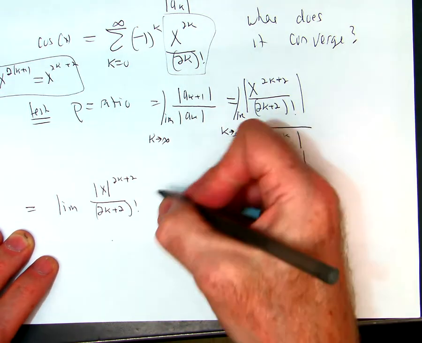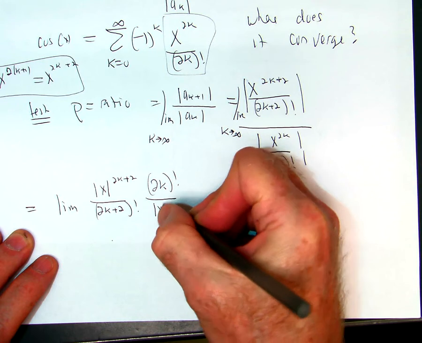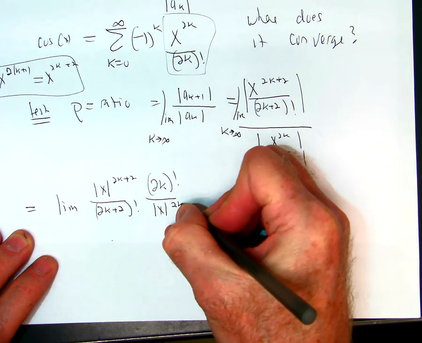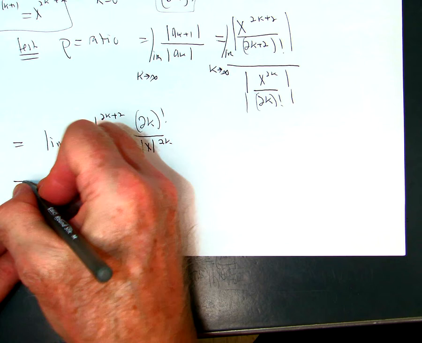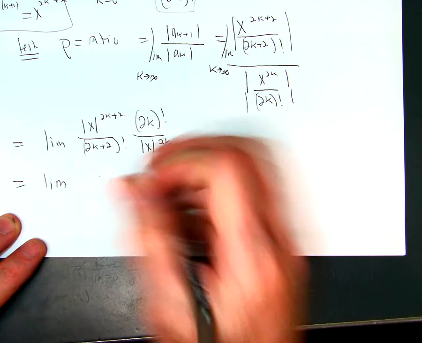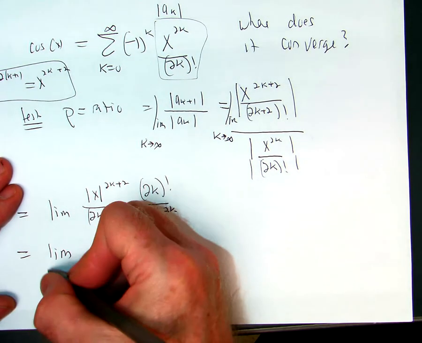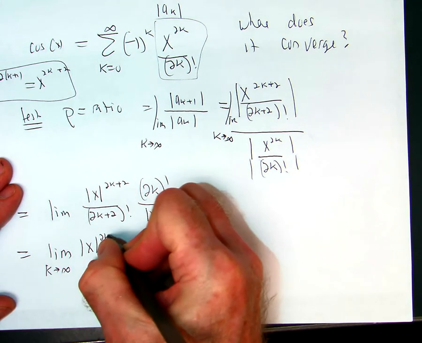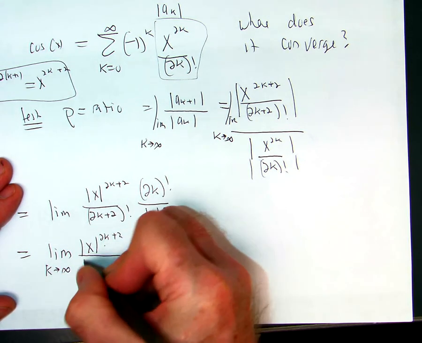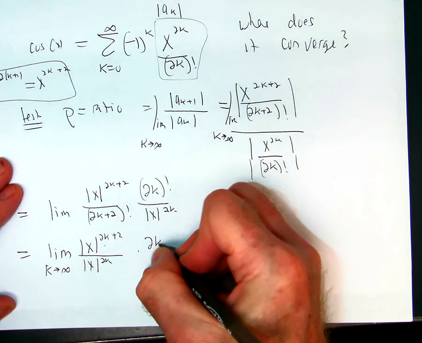Invert and multiply. Okay. Well, that's going to be equal to the limit, sorry, let's see the whole thing. Didn't mean to screw it up. The limit as k goes to infinity of absolute x to the 2k plus 2 over absolute x to the 2k times (2k) factorial.